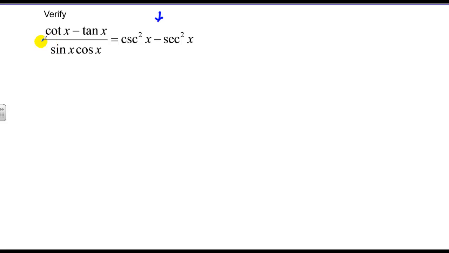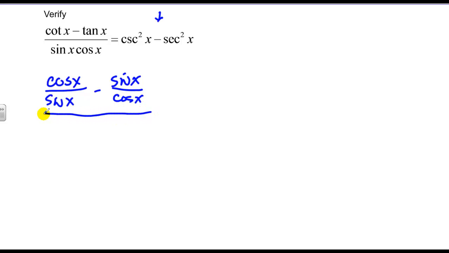What the heck? Cotangent is cosine of x over sine of x minus sine of x over cosine of x. And this is all going to be over sine of x, cosine of x.